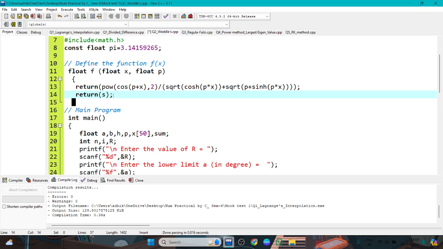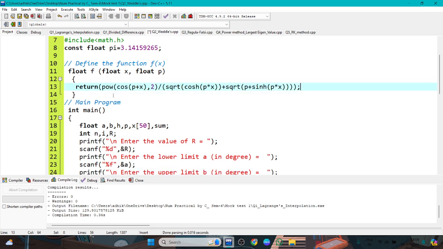So omit this line. Return cos squared(px) divided by the square root of (cosh(px) plus the square root of (p plus sinh(px))).